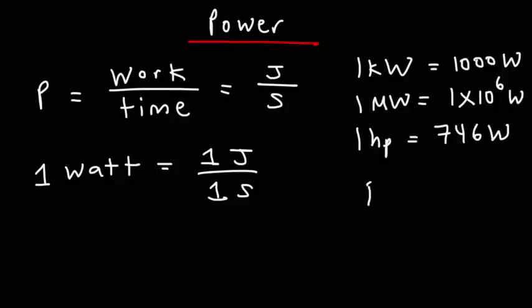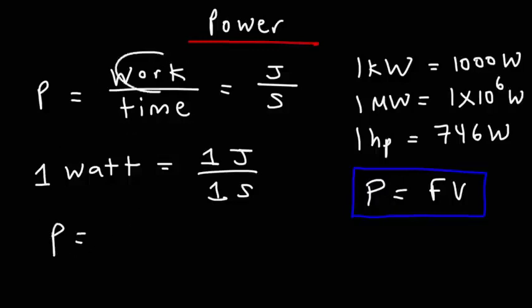Another equation for power is force times velocity. If you know the force acting on an object, and you know the object's velocity, you can also calculate the power. And we could derive that equation from this one. Work, we know that work is force times displacement.